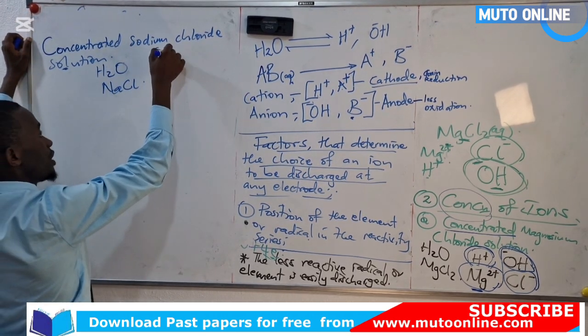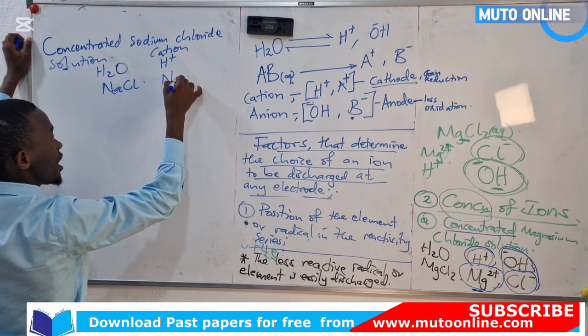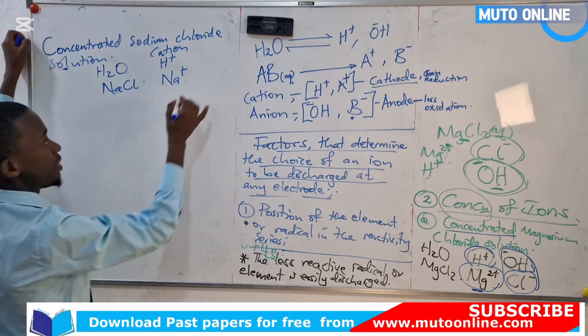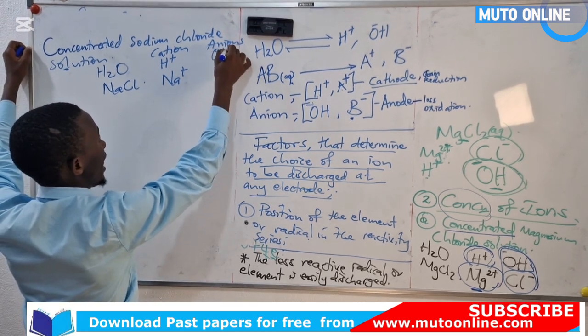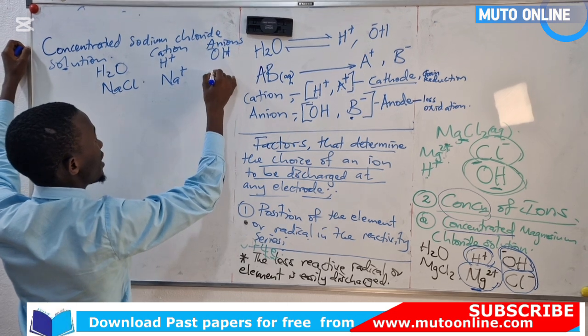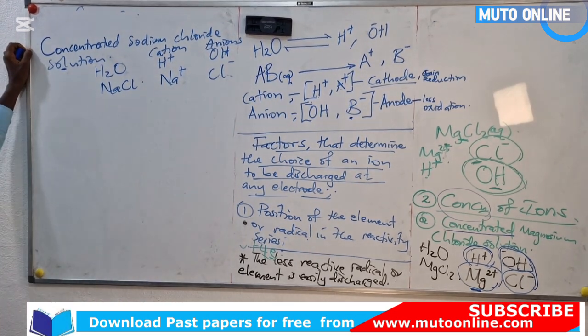So the cations we shall have the hydrogen ions and the sodium ions. The anions we shall have the hydroxide ions from water and the chloride ions from the sodium chloride.